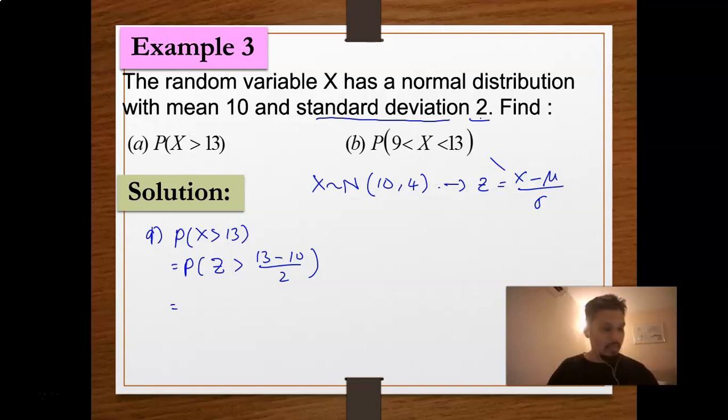So then it is 1.5 here, the probability of z greater than 1.5, and we look up 1.5 from this statistical book.